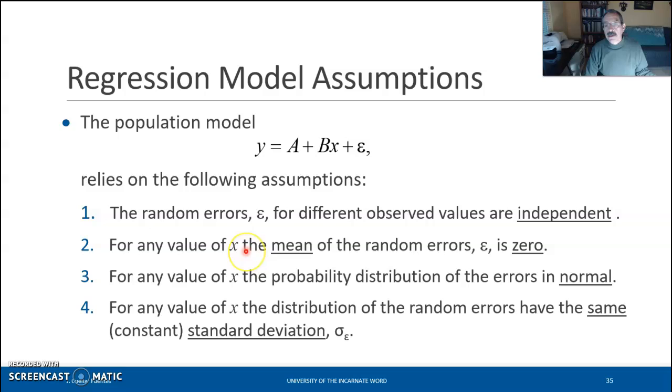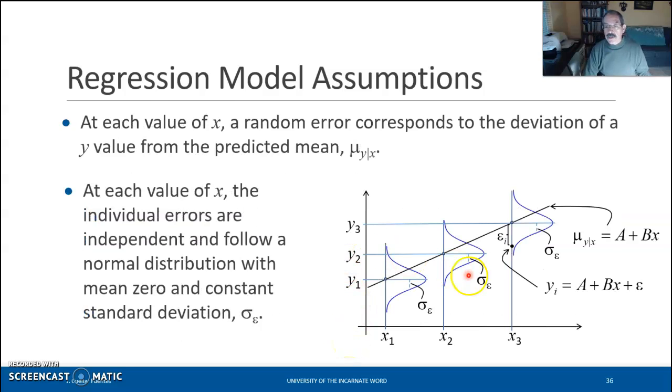Also, for any value of x, the average of the random errors is 0. For any value of x, the probability distribution of the errors is normal. And for any value of x, the distribution of the random errors has the same standard deviation, sigma epsilon.